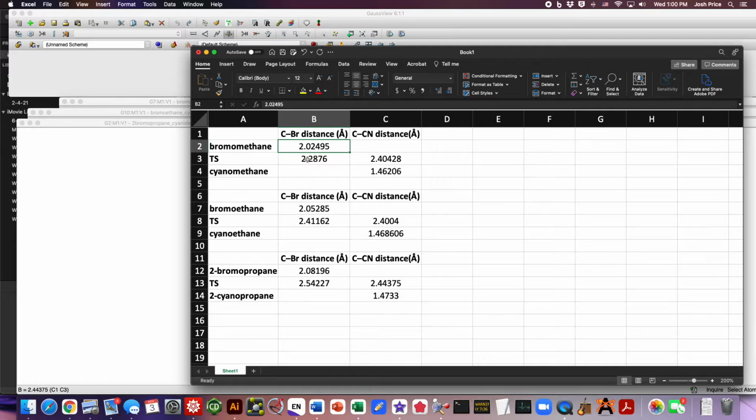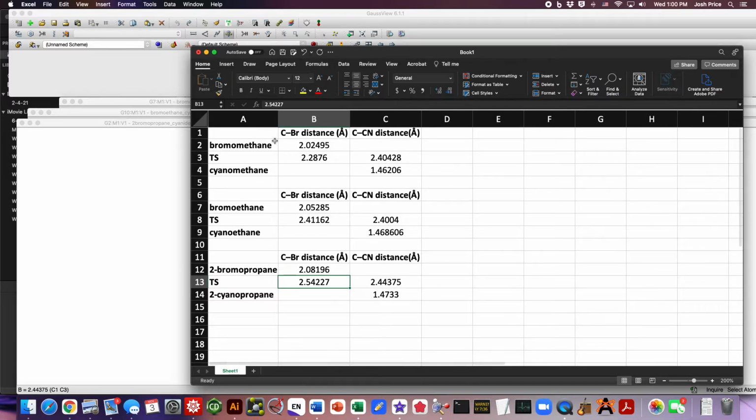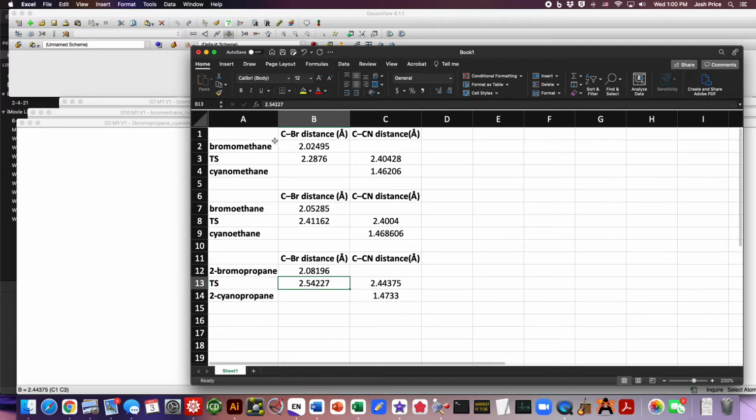But the key thing to see, what I illustrated in the figures, is that as you go from bromomethane to bromoethane to bromopropane, the carbon-leaving group distance is longer in the transition state. And this is an example of what we saw in those two-dimensional projections of potential energy surfaces.